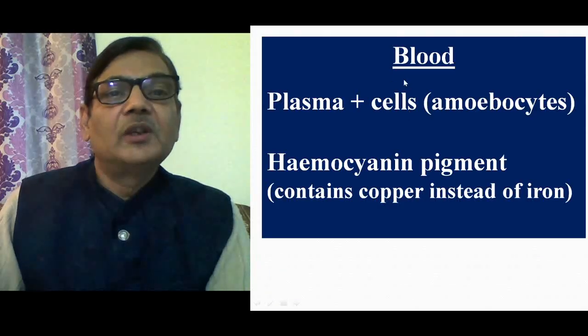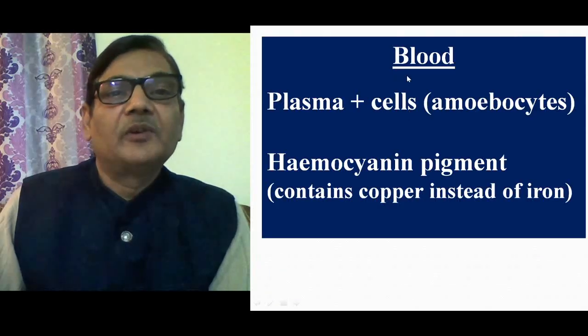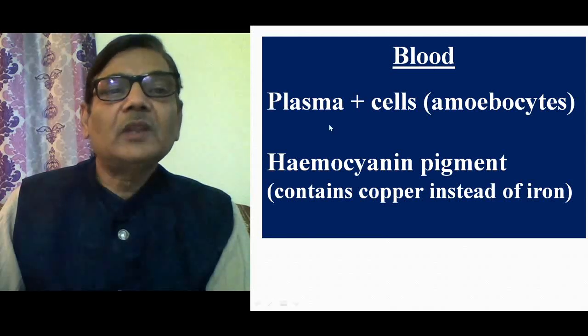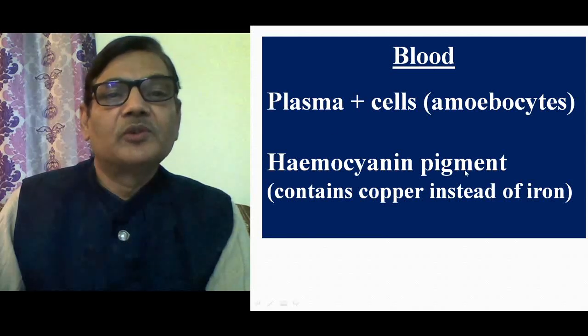We can also see the composition of its blood. See, the blood in case of most of the mollusks, including this Pila globosa, looks to be blue in color when oxygenated. It is because of the presence of hemocyanin pigment, which actually contains copper instead of iron.